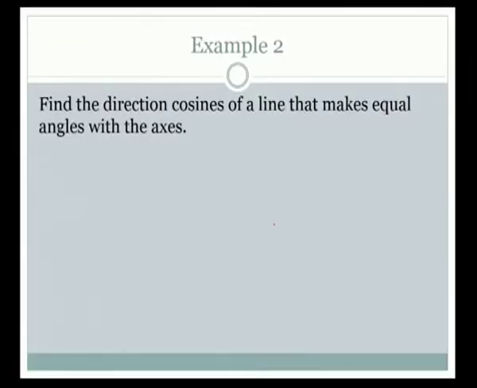Then an example. Find the direction cosines of a line that makes equal angles with the axes. In this example, you are asked to find the direction cosines of a line that makes equal angles with the axes. While learning direction cosines, we learnt that alpha is the angle made by the line with the x-axis, beta is the angle made by the line with the y-axis, and gamma is the angle made by the line with the z-axis.